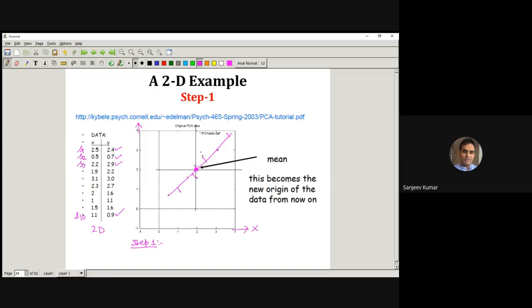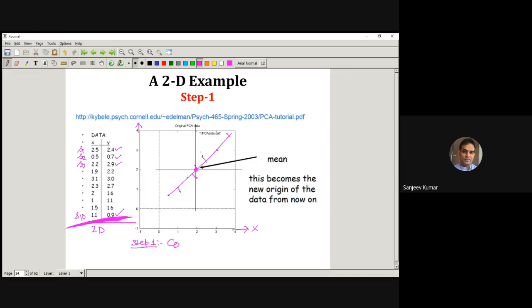But what is your first step? From this data, what will we find out first? Eigenvalue? No, eigenvalue of what?